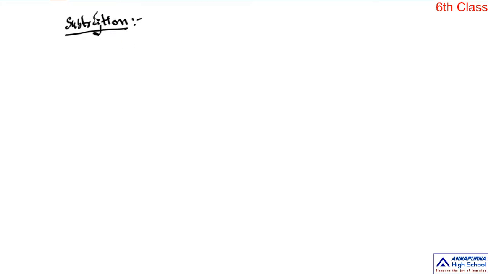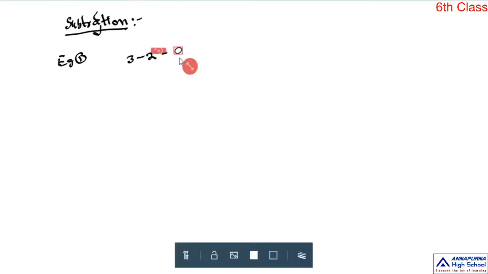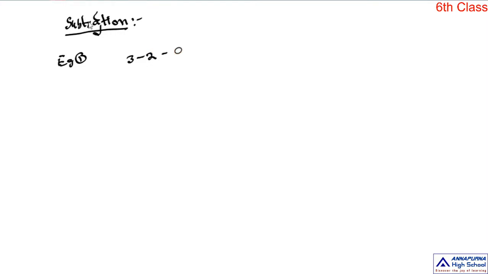I explain with examples. Three minus 2 minus 0. Here these are whole numbers. Three minus 2 minus 0.